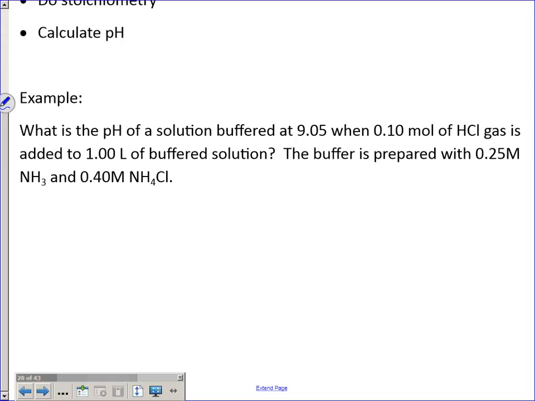If you have HCl gas added, so you have a solution that's buffered at 9.05. When you add HCl gas, what happens to the pH? The buffer is currently at 9.05. What happens to the pH? It drops. Why does it drop there? Don't say because we're adding strong acid.